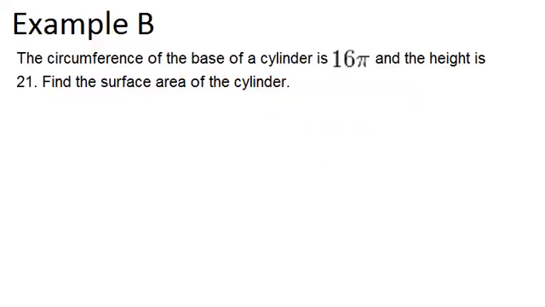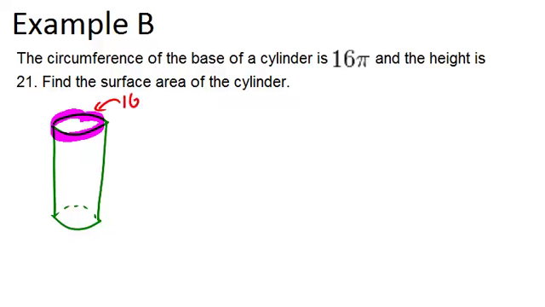In example B, it says the circumference of the base of a cylinder is 16 pi and the height is 21. Find the surface area of the cylinder. So we know the circumference, that means the distance around the base here, is 16 pi. And we also know that the height is 21.